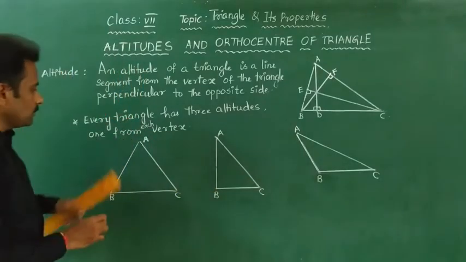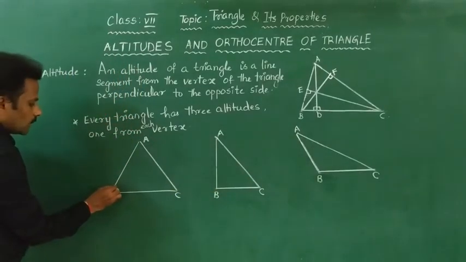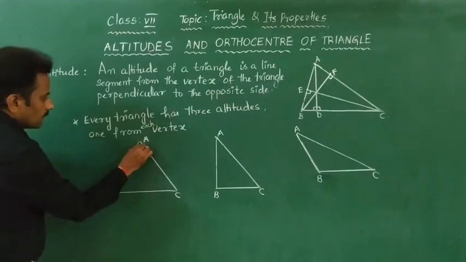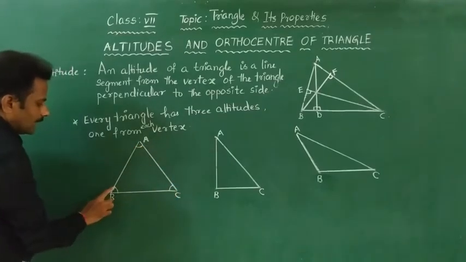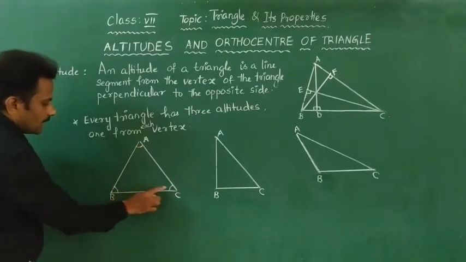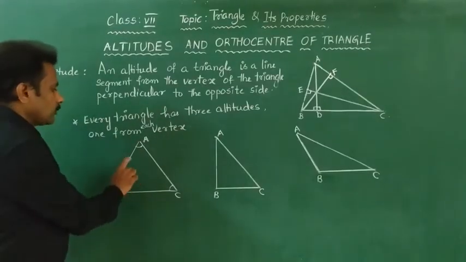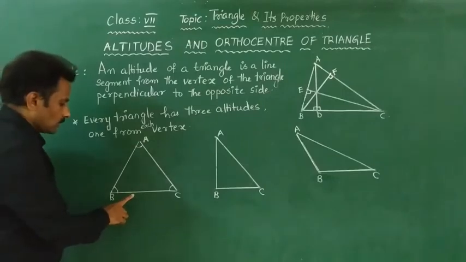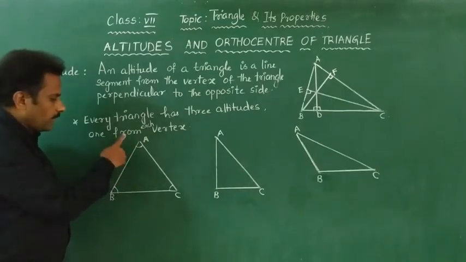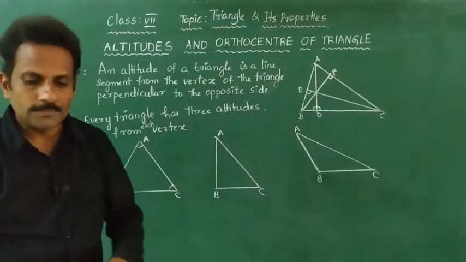So first here you observe, children, I have taken acute angle triangle. Why? Because you can observe clearly that angle A, angle B, angle C, they are less than 90 degrees. In acute angle triangle, if you draw the altitude of the base, so where it comes, let us see now.